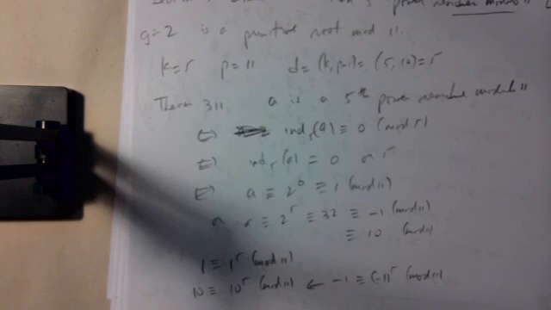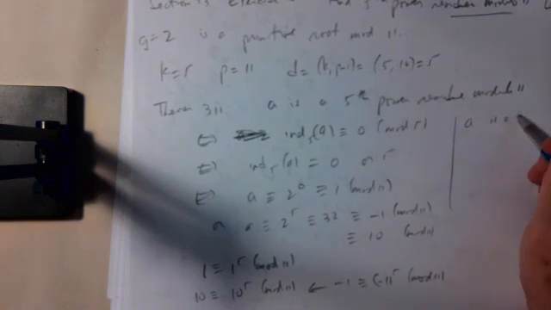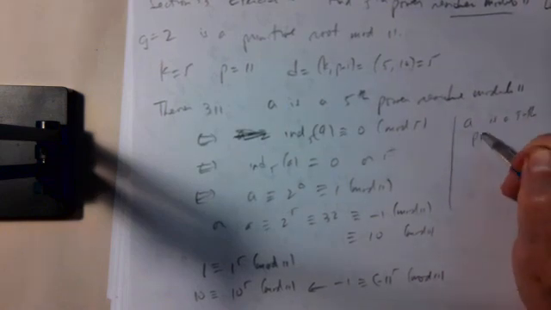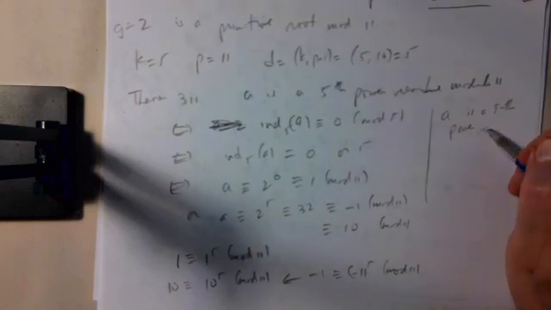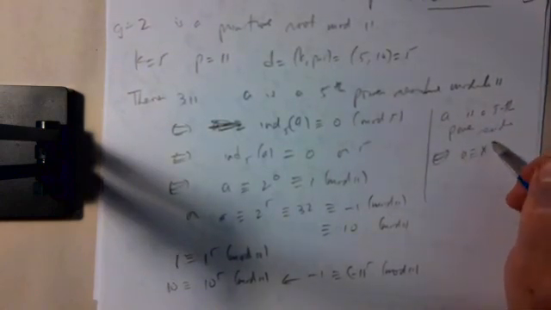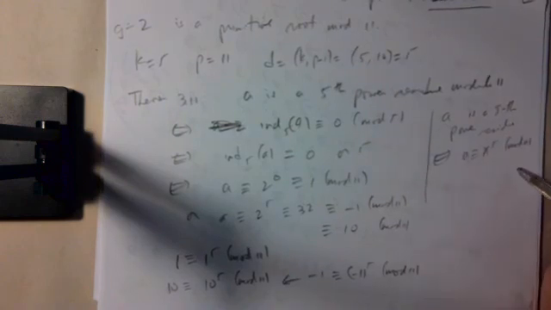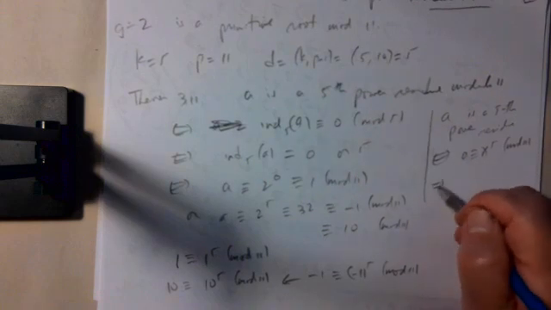All right. The idea is A is a 5th power residue if and only if A is congruent to x to the 5th mod 11 for some x.